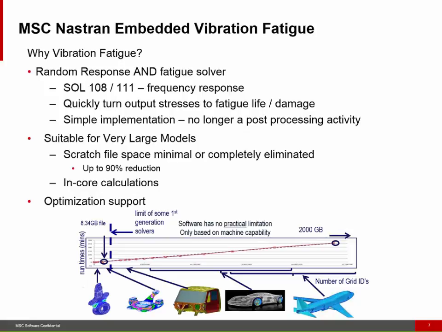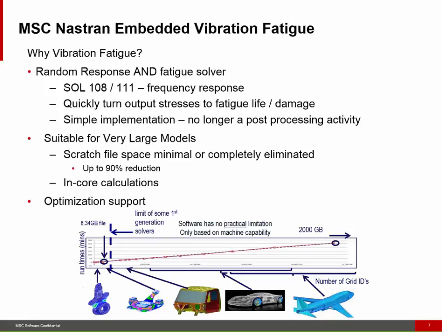That means very large models can be analyzed, like full car bodies and truck models, for example. Since most calculations are done in core, we try to reduce or eliminate the amount of files that need to be written to the scratch area, and that reduces the disk space requirements.